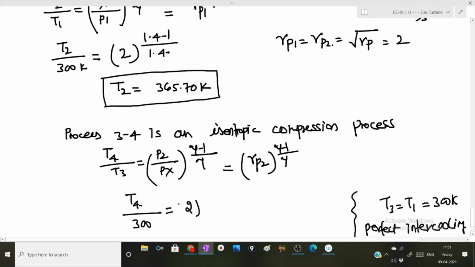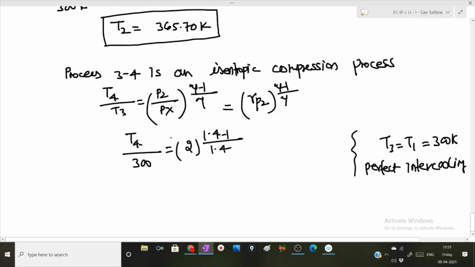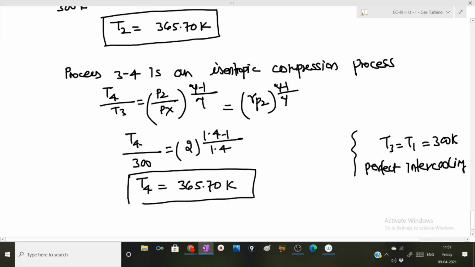Now pressure ratio is 2, 1.4 minus 1 over 1.4. So from here the value of T4, if you calculate, you will get T4 is equal to, without calculation I can say, 365.70 Kelvin. Now why could I say so?